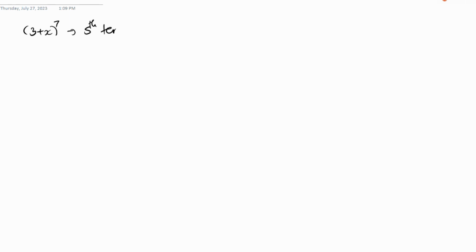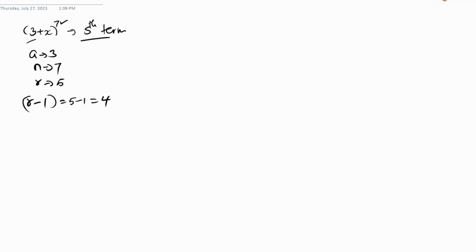Again, here our value of a is 3, x remains x, and n is our power there, which is 7. Our r is 5, because we are looking for the fifth term, and r minus 1 equals 5 minus 1, which is 4.